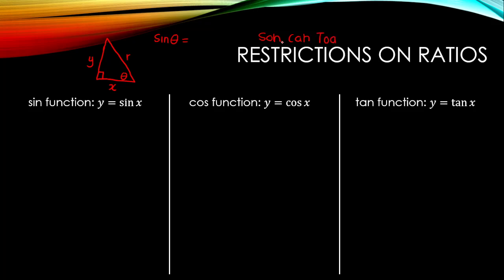So sine is opposite over hypotenuse. Remember, opposite is always opposite the angle. So it's going to be y over r, because h is hypotenuse. And then cos theta is going to be adjacent. So if this is the opposite, then this guy over here is going to be the adjacent. So it's going to be x over r. And then tan would just be opposite over adjacent, which is just y over x.